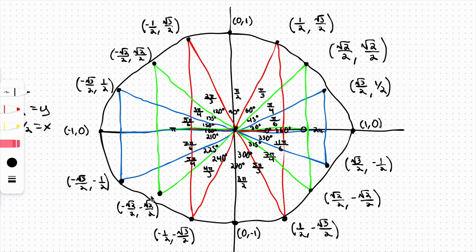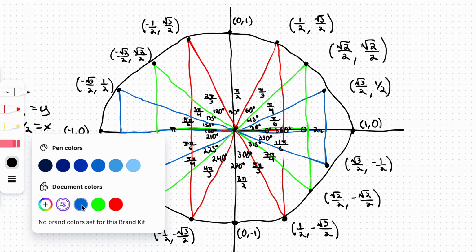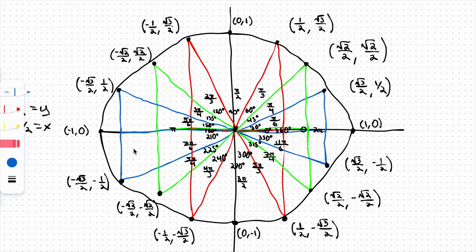Well, first, let's understand that all of this is repeating. We have this blue triangle that repeats 4 times.